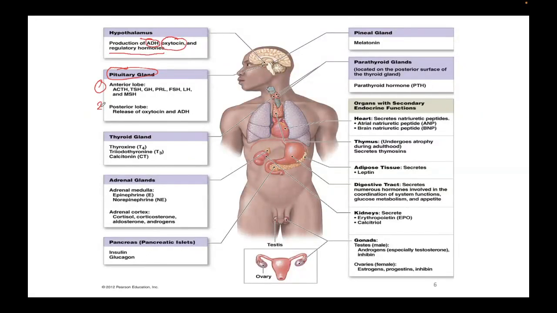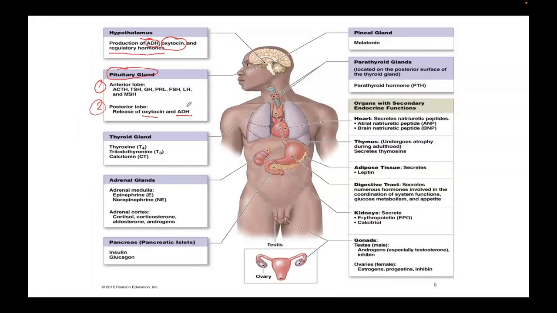It has an anterior lobe and it has a posterior lobe. The posterior lobe, you could see oxytocin and ADH. So the ADH and oxytocin that was produced in the hypothalamus is being stored in the pituitary. It's going to hang out in the posterior lobe, and the posterior lobe of the pituitary will release it on demand when it needs to.